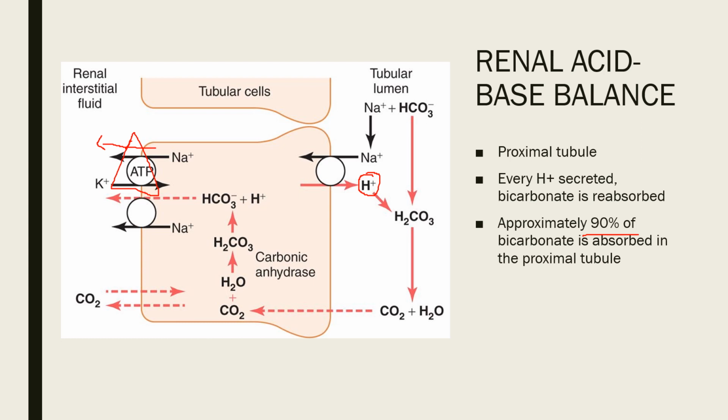In that process, since a positive ion is entering, you need a positive ion exiting. That will be hydrogen. This hydrogen combines with this bicarbonate to form a carbonic acid. This is catalyzed by carbonic anhydrase reaction. This splits to form carbon dioxide and water, which passively diffuses inside.